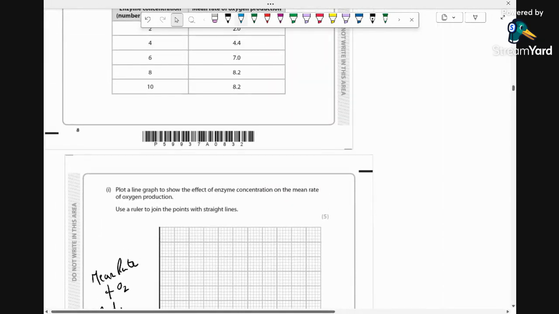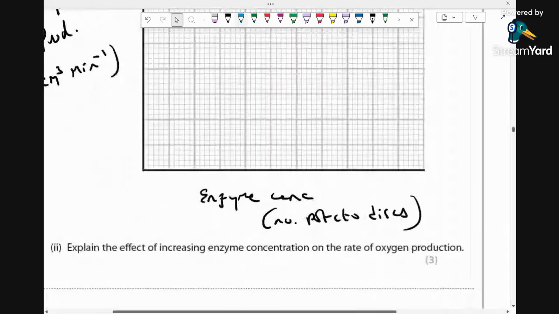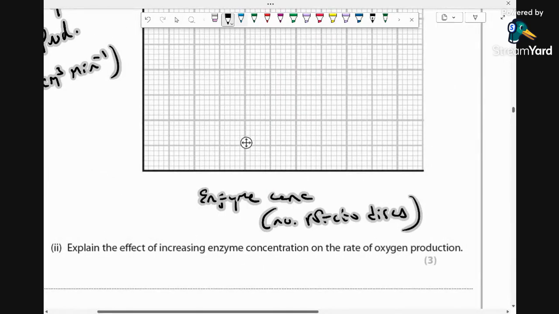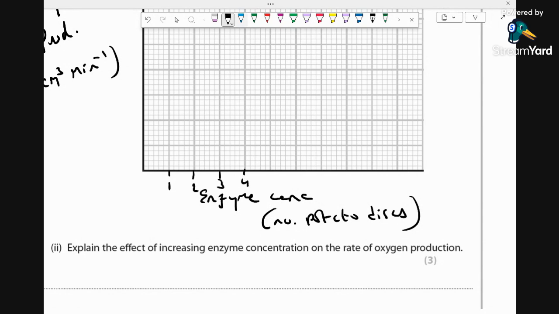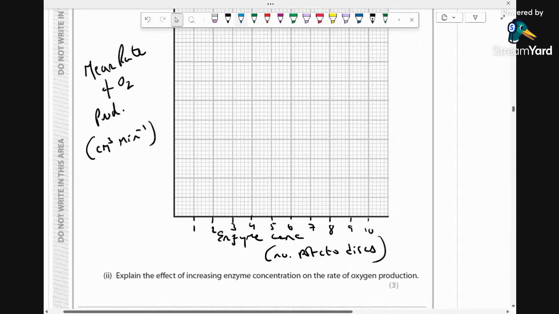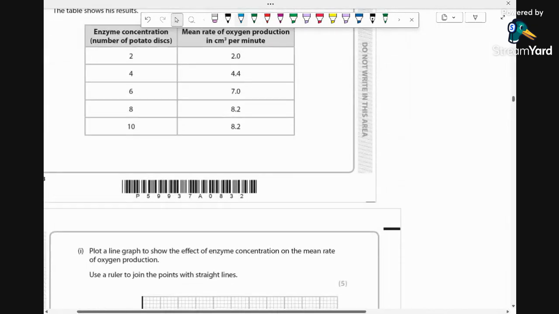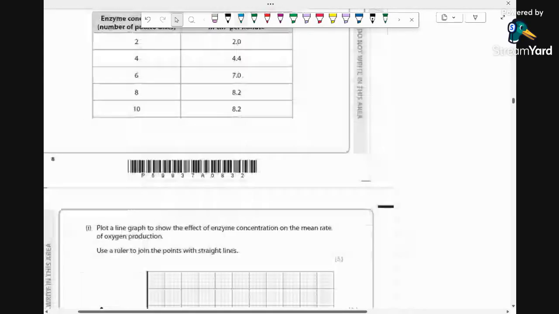But we've got number of discs. So number of discs is 2, 4, 6, 8, 10, nice and easy. So we can just go in ones here, I think. Assuming we get 10, 1, 2, 3, 4, 5, 6, yeah. So 1, 2, 3, 4, 5, 6, 7, 8, 9, 10. Uses up a nice proportion of the graph. And dependent variable, we go from 2 to 8.2.